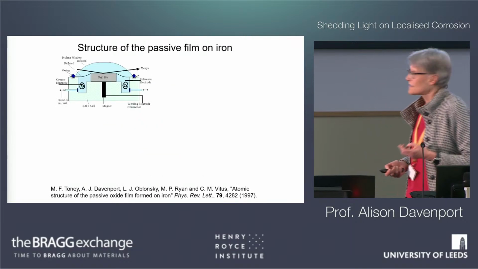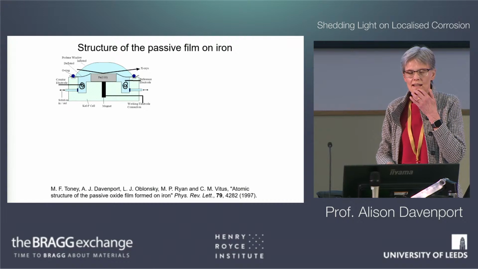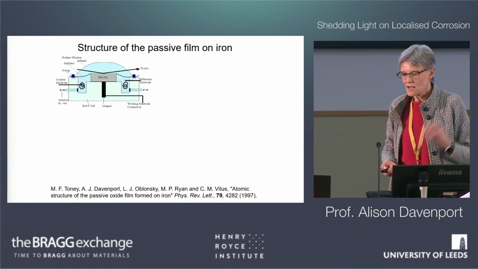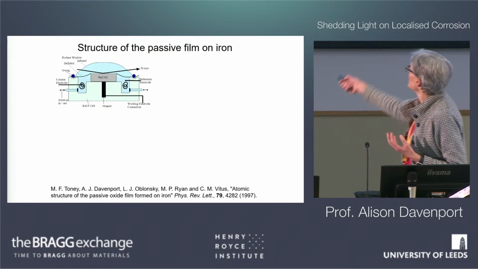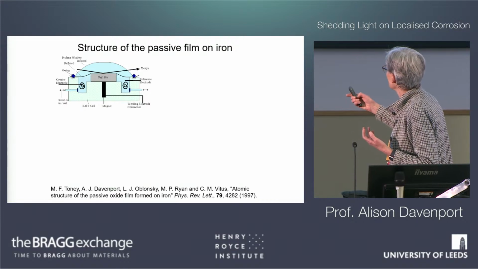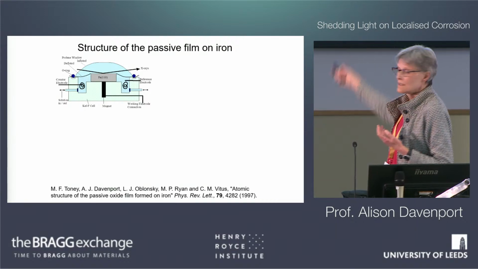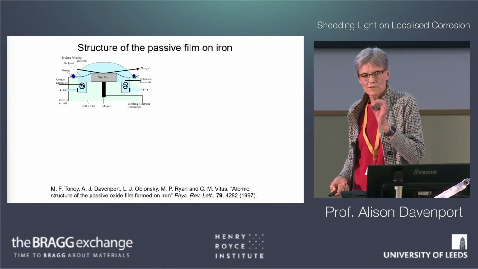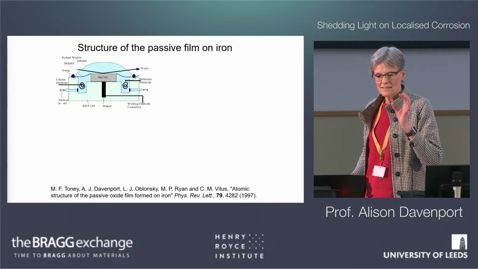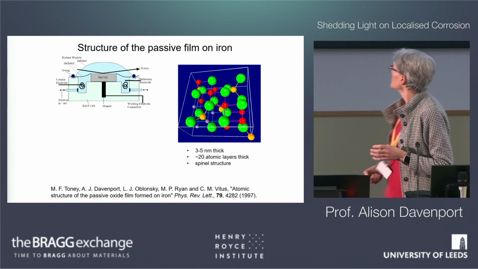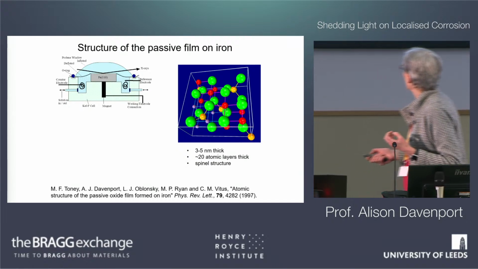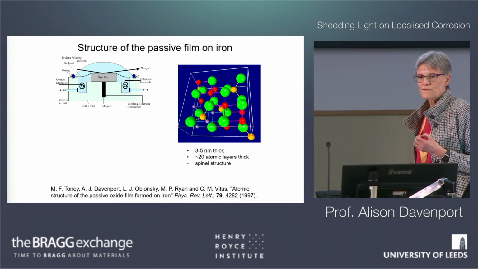So I had a very early interest in my career in what passive films were actually made of. And so I ended up doing some synchrotron experiments where we took a single crystal of iron in an electrochemical cell where we were able to reduce off the existing passive film and grow a nice new one, and then do some very careful diffraction on that, and we could tell that we had a thin film which is about 3 to 5 nanometers thick.